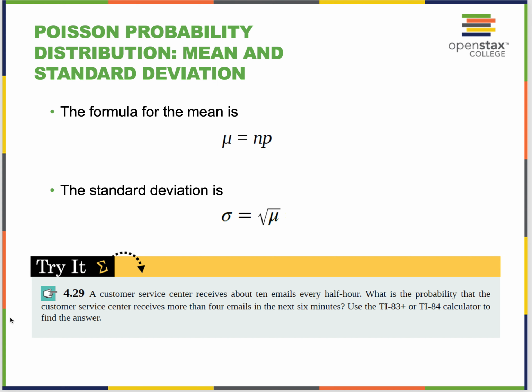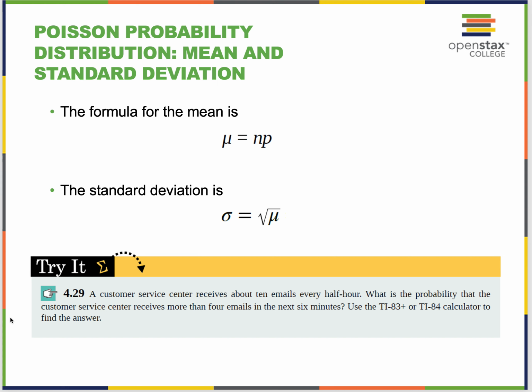Now, another way of looking at it is this NP. So if a customer receives 10 emails every half hour, what is the probability that the customer service center receives more than 4 emails in the next 6 minutes? Well, now I have to figure out my mu again. So they can give you a lot of these curveball kinds of problems.